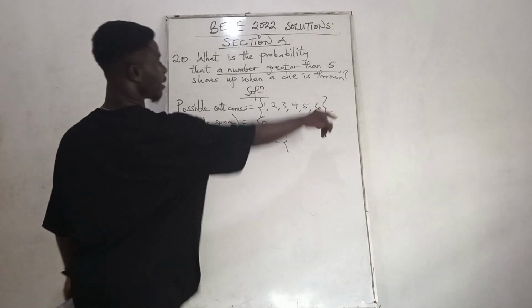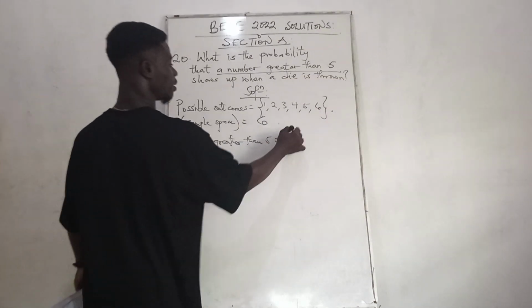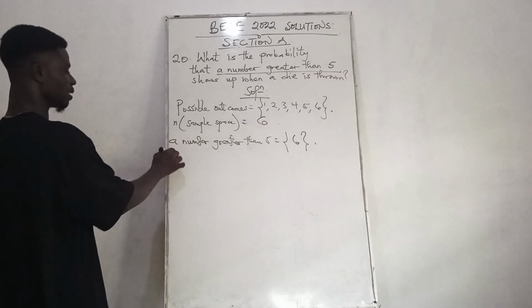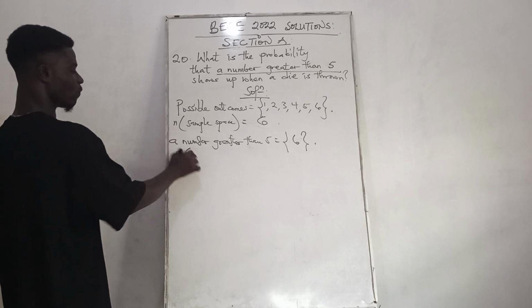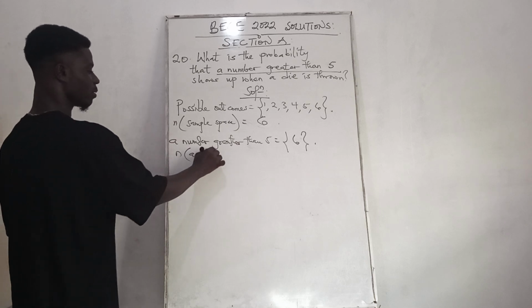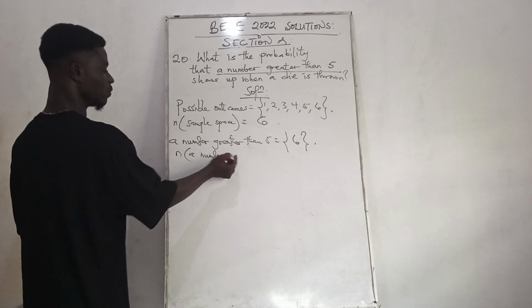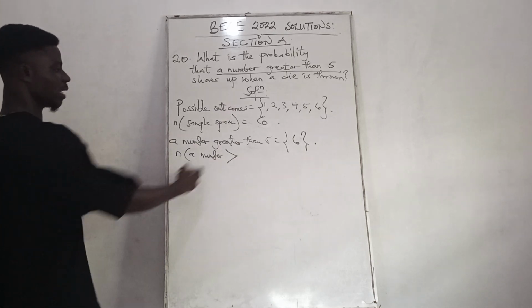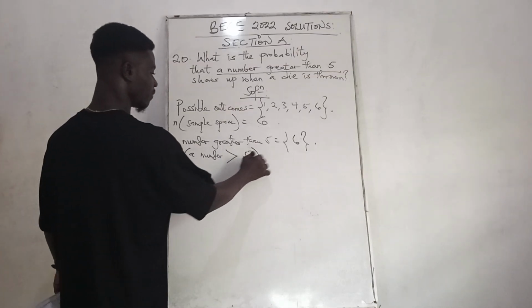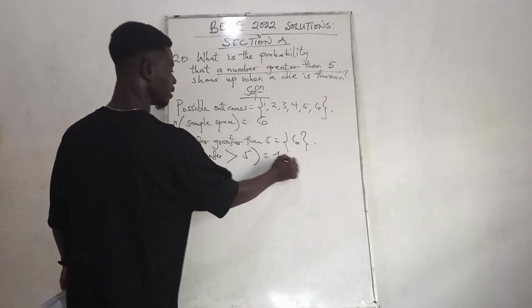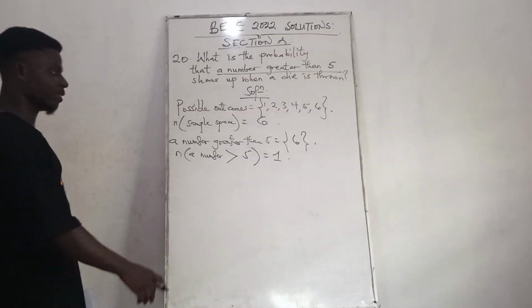So let's see the numbers greater than 5. It is 6. Right. So n of a number greater than 5, how many elements here? 1, right? It is a unit set or a singleton set.